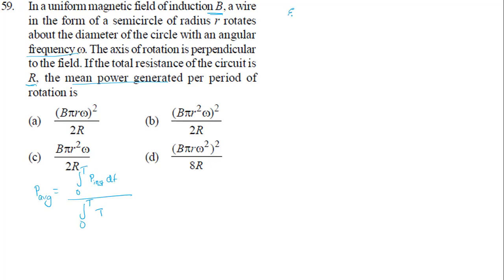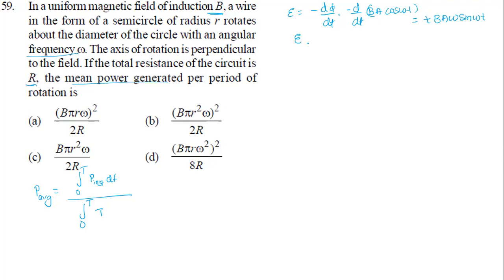Let's first find the EMF. EMF is given by what now? Minus d phi by dt. It is d by dt of B, area of the coil A, into cos omega t, with a negative sign. So if you differentiate, it will become plus B A omega sin omega t, right?